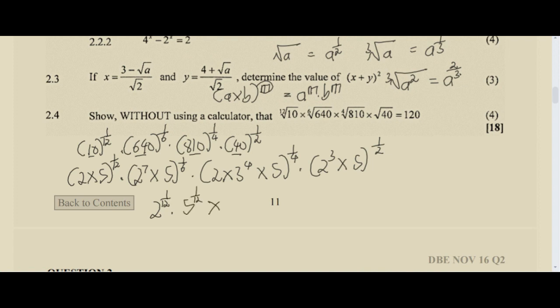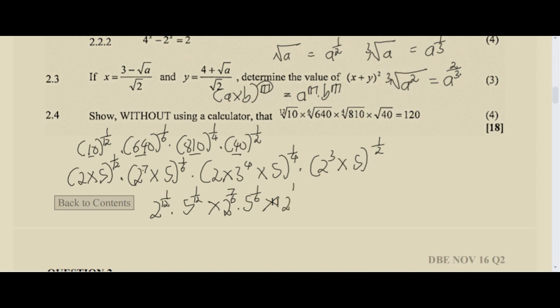Multiplied by, we are now on the second bracket, this is 2, because now we have an exponent here and also an exponent outside. That means we must multiply these two exponents. That's 7 over 6, right? Then we have 5 to the exponent of 1 over 6. Multiply that by this, we are now on this bracket.